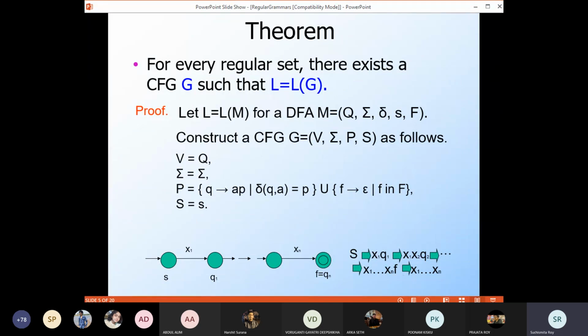I hope all of you understand what a sentential form is. How do you define a sentential form? A sentential form is all these intermediate forms in a derivation. I hope all of you have learned how to derive a string from the start symbol.